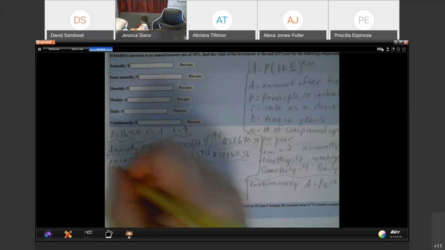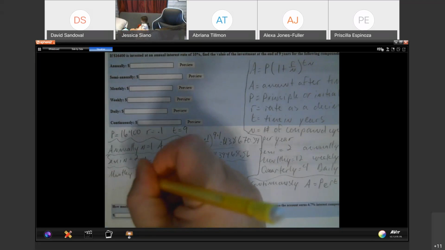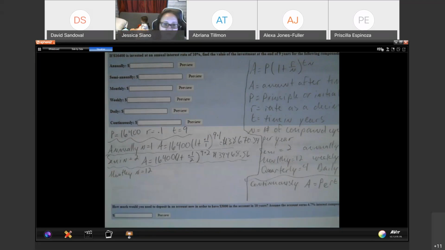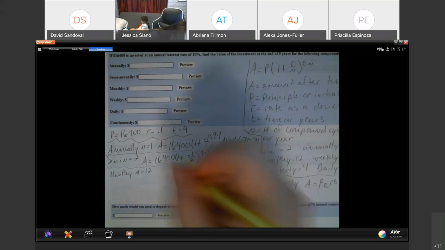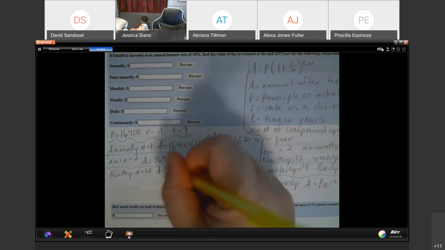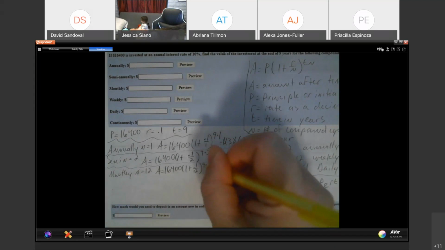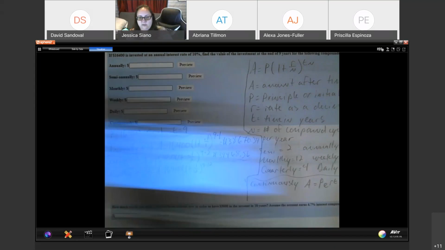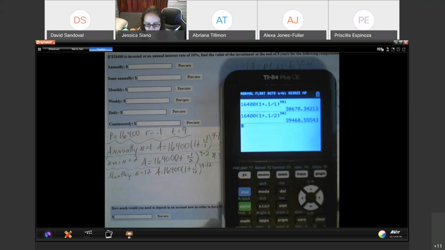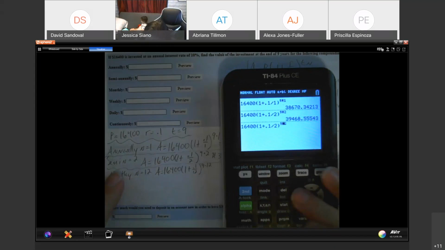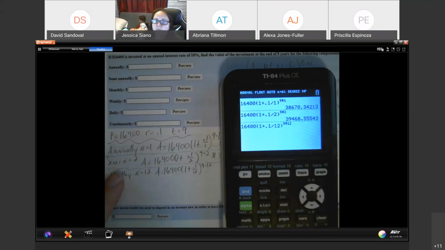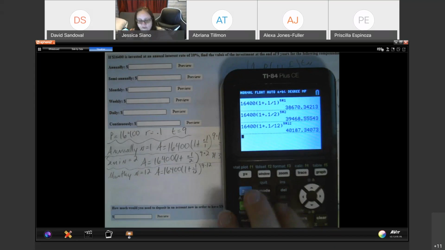Monthly, n is 12. So we have 16,400 times (1 plus 0.1 over 12) to the 9 times 12. That gives $40,187.34.